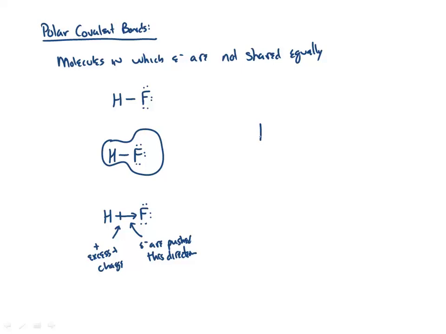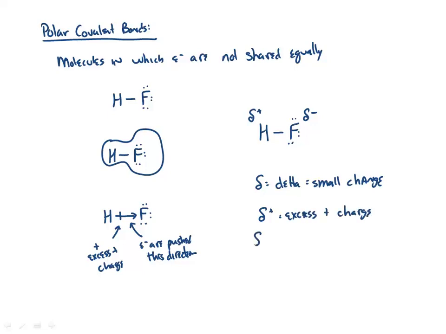Or really the way we tend to do it in class is we use this little delta plus and a delta minus. So that's the Greek letter delta, which means a small change. The delta plus means there's a bit of excess positive charge, and the little delta minus means there's a little bit of excess negative charge.